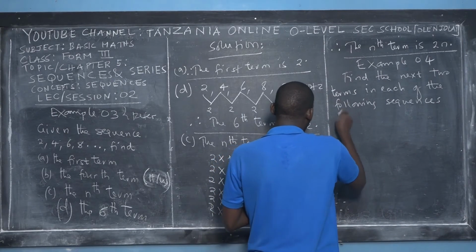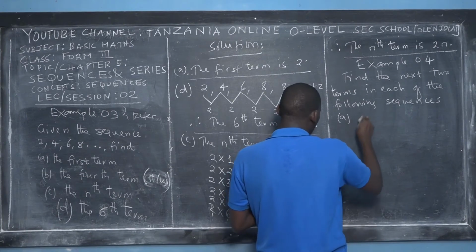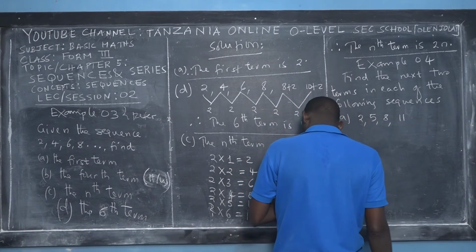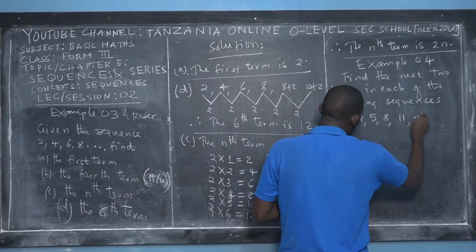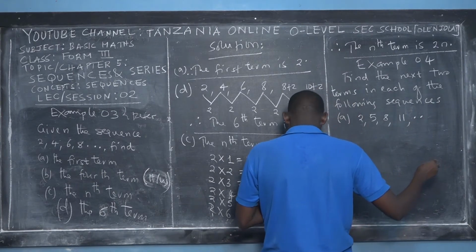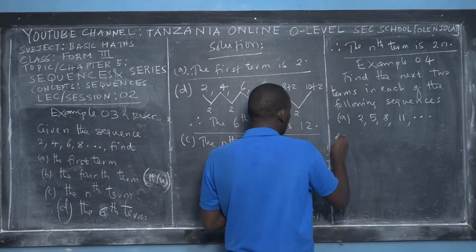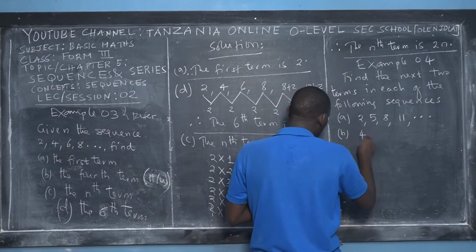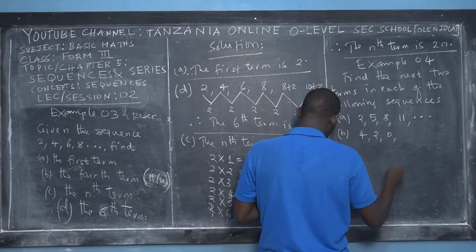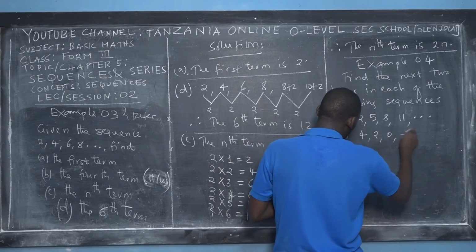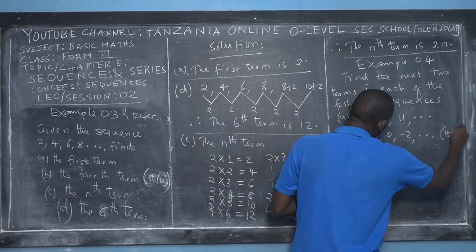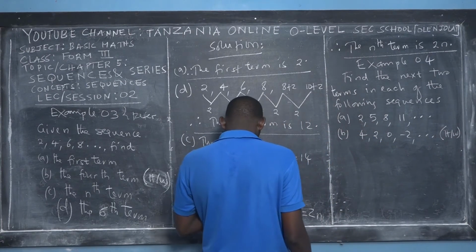So Roman A, you have 2, 5, 8, 11, and dots. B, you have 4, 2, 0, -2. This is your homework as the second question.